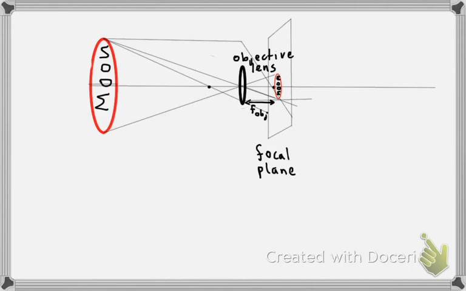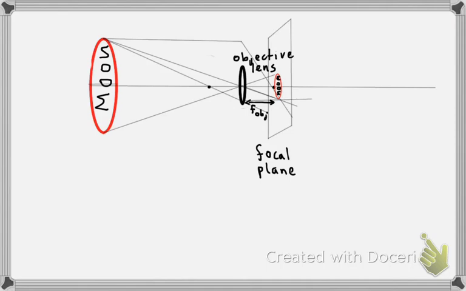So this intermediate image that we're getting out of the objective, what we're going to do is use a magnifying glass to look at that image. That is the basic principle of a telescope, to produce an image of a distant object inside the telescope, and then the eyepiece lens acts as a magnifying glass that looks at that image and produces a magnified image of it.